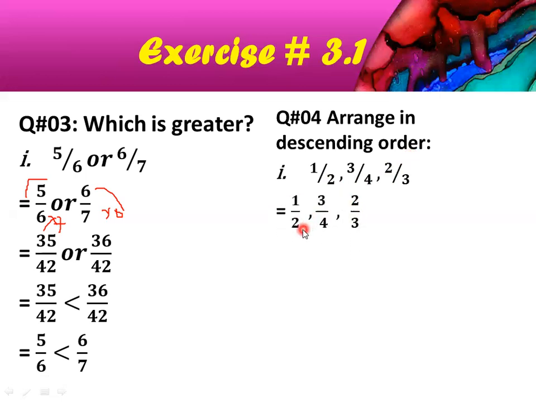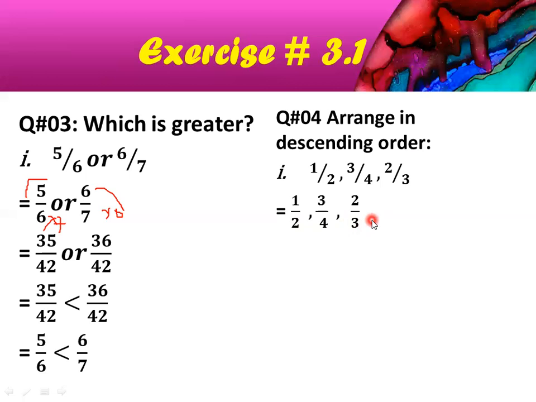So what are our denominators here? 2, 4 and 3. We have to make them common. What number should we multiply them by so that the answer will be the same? As you can see, if we multiply this 2 by 6, this 4 by 3 and this 3 by 4, we will get the common denominator, that is 12.